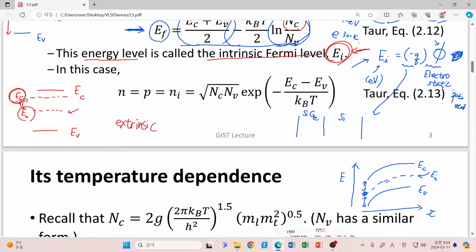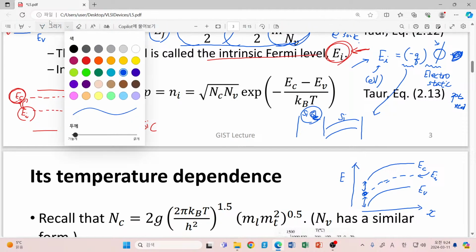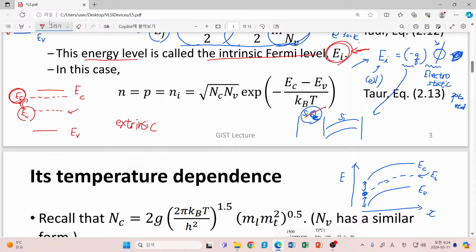So here we can think about a certain conduction band level and valence band level, also inside silicon germanium or silicon dioxide. In the case of silicon dioxide, we can expect another kind of level. Sorry about that, it should be located not here, but here.